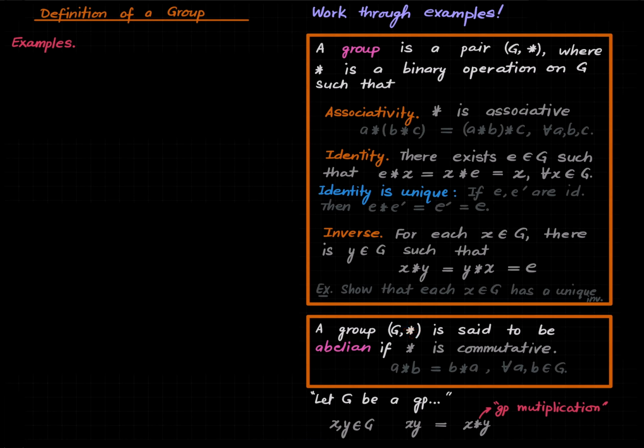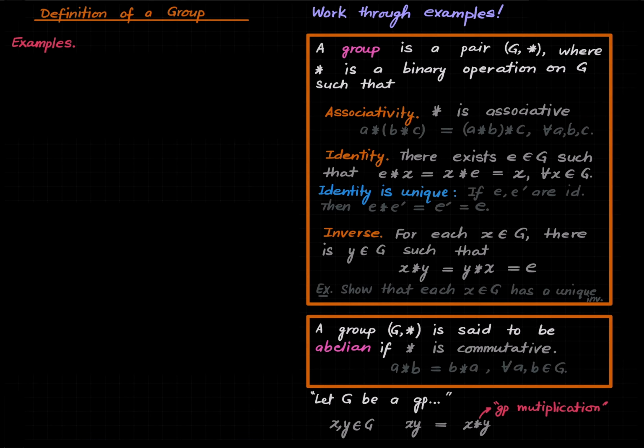This plus has nothing to do with the plus that we are familiar with on integers or reals or complex numbers or vector spaces. This is just some other abstract plus. It's just a symbol chosen so that it's just easier to look at. All right, so far so good.